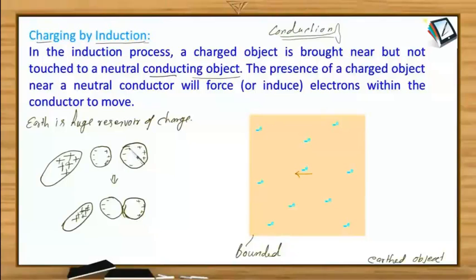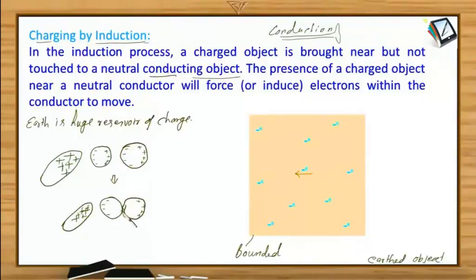So from this area the excess electrons will move to neutralize these positive charges. So the end result will be this: here it is positive, here it is negative charge. So after touching these two objects, if we now remove this object from here, then these two bodies will again get neutralized.